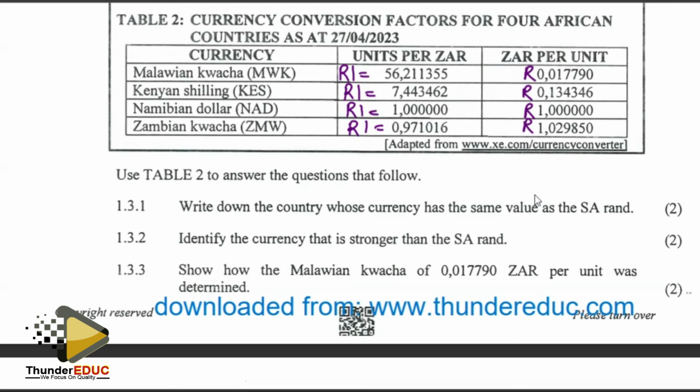In the first one, for 1 Malawian kwacha, you get this much rands. For 1 Kenyan shilling, you get that much. For 1 Namibian dollar, you get that much. For 1 Zambian kwacha, you get that much. This is what it simply means.